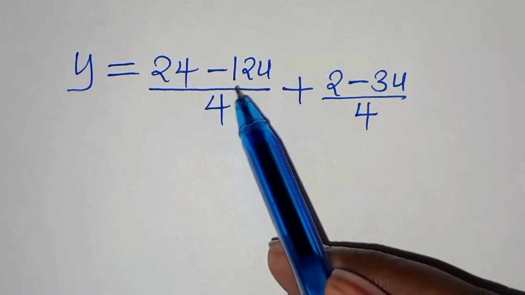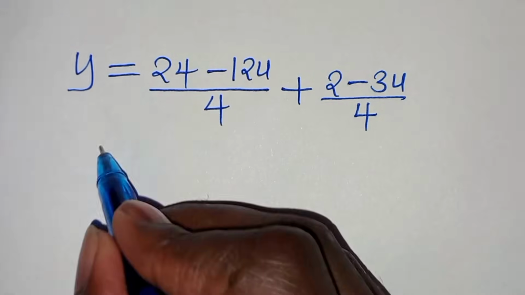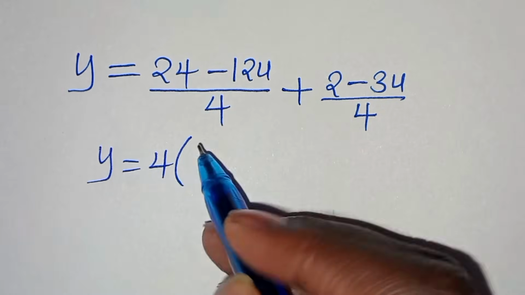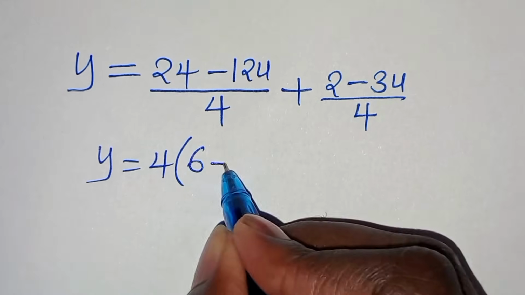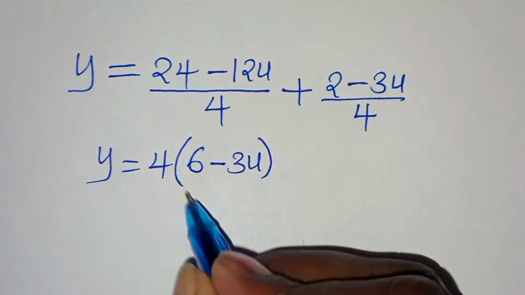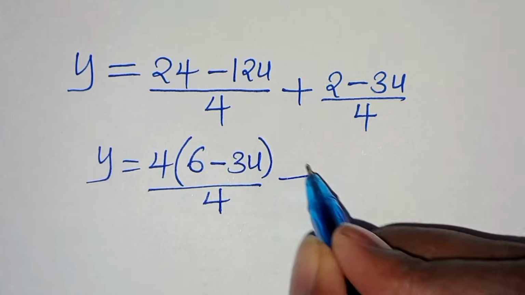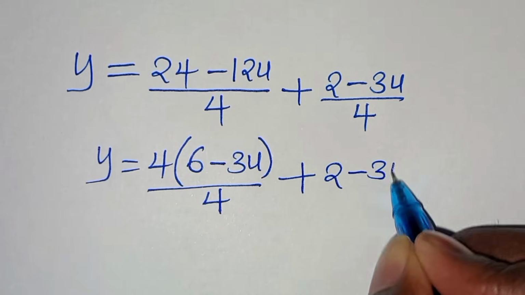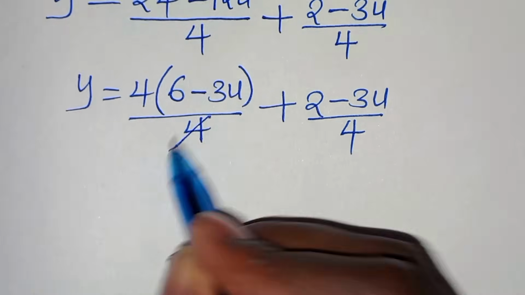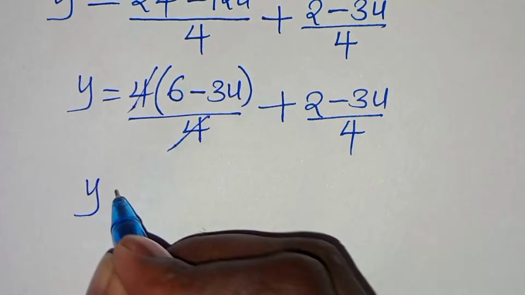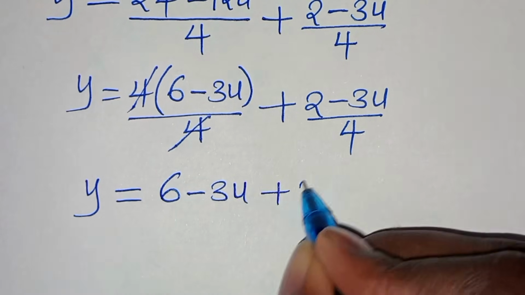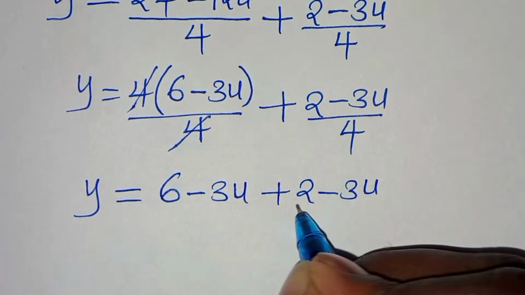Now we have that 24 minus 12u, 4 is common here, so we can factor out 4, so that now into the parentheses, 24 divided by 4, this is equal to 6, minus 12u divided by 4, which is 3u, everything here divided by 4, then plus 2 minus 3u divided by 4. Now let's simplify 4 and 4 from here. So y is equal to 6 minus 3u, then plus 2 minus 3u divided by 4.